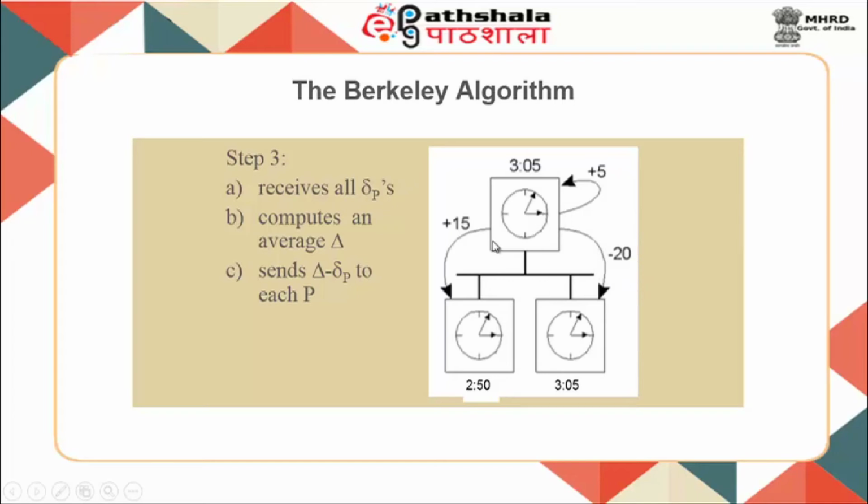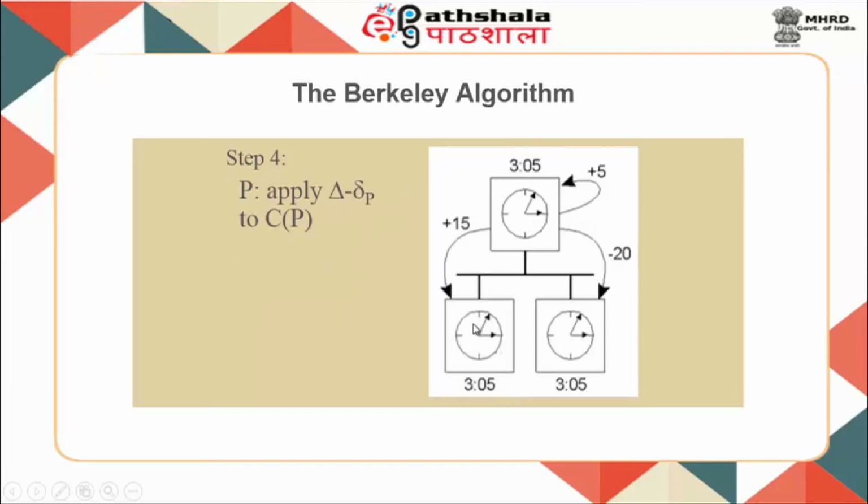here the delta P was 0. So, therefore, it is delta, so plus 5. So, the server itself extends its time by 5 minutes. So, it becomes 3:05. This guy will adjust its time and will become 3:05, and this guy will set back its clock by 20 minutes and will become 3:05.